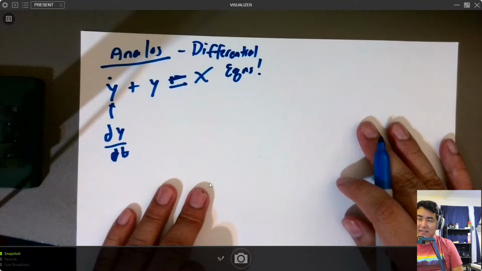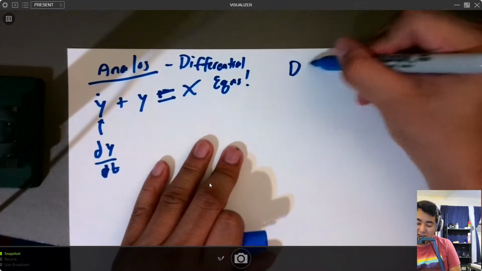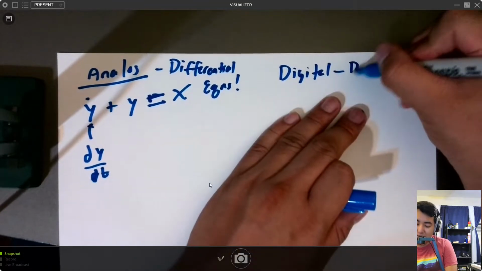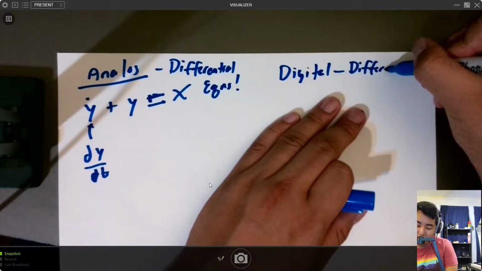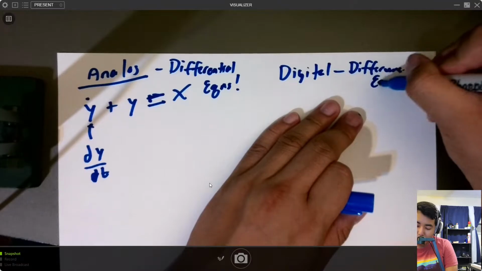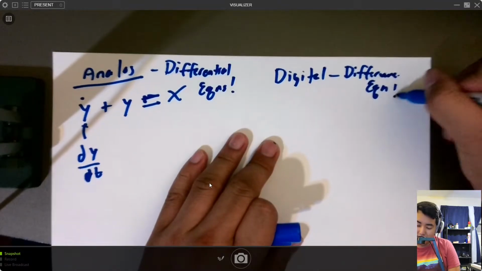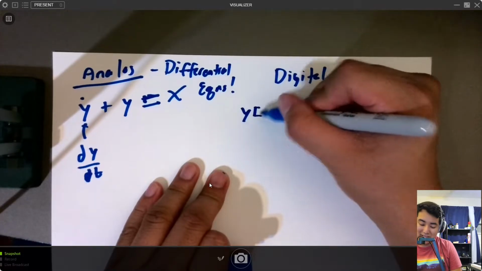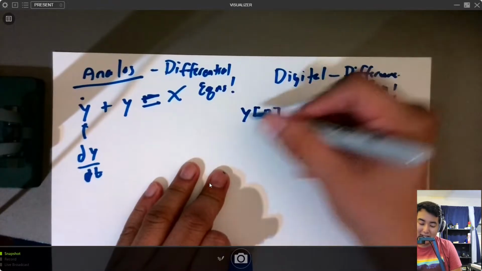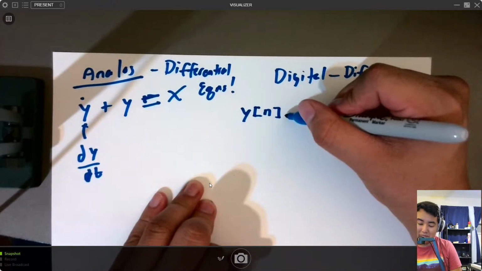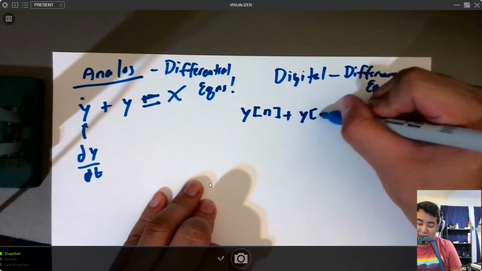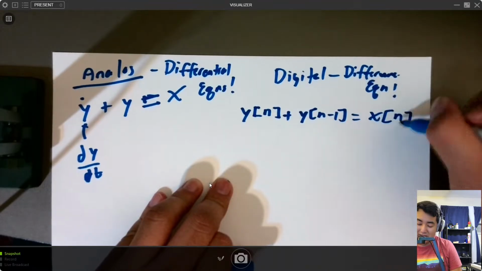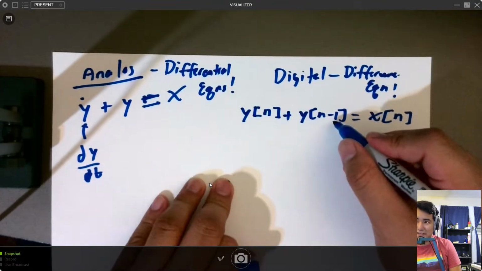And then the digital version is a difference. Which is basically, well, now we have to deal with differences. So here's y of n. It's the first thing we deal with. Plus y of n minus 1, which is equal to x of n. So now we have this n minus 1.